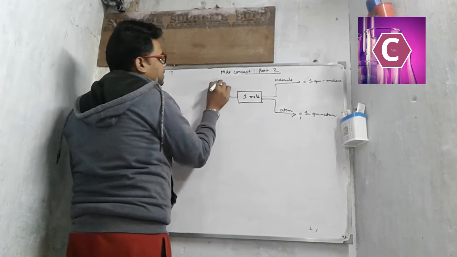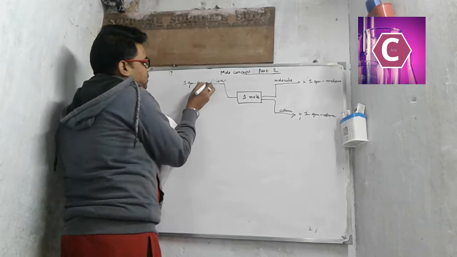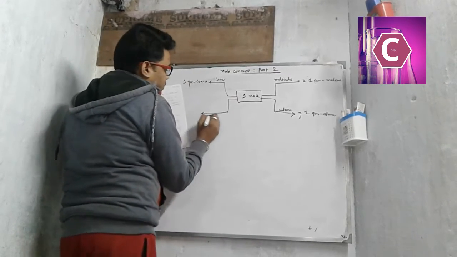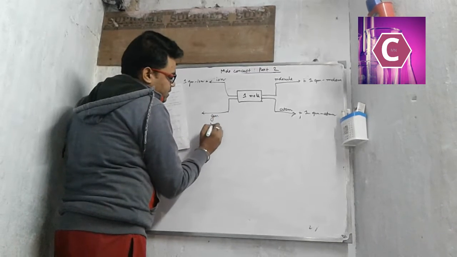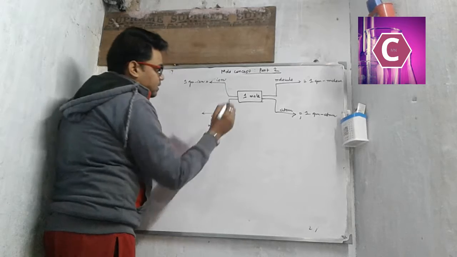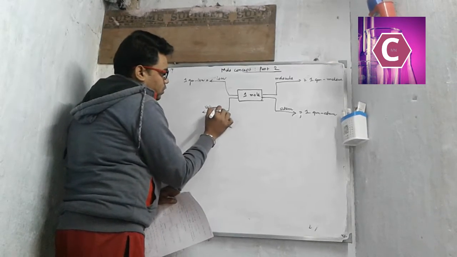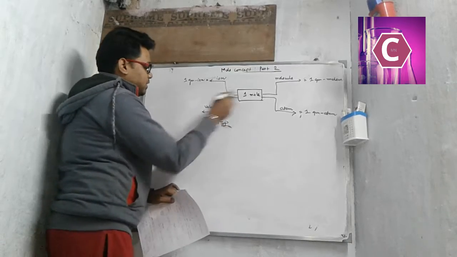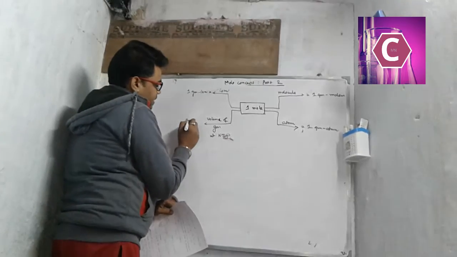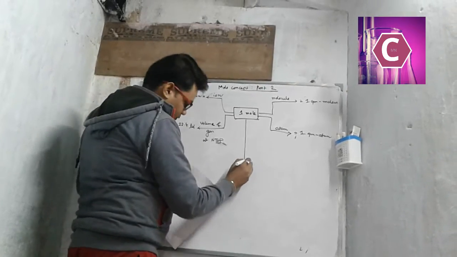For an ionic system, it is 1 gram ion, and for a gaseous system at normal temperature and pressure, the volume of gas at NTP for 1 mole of any gas is equal to 22.4 liter.